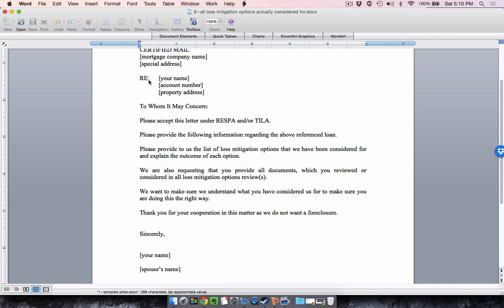Now the next letter, and people might look at this letter and the previous two and say, well, they seem pretty similar, but there's enough difference there to break these out. This says, give me a list of loss mitigation options I've been considered for. The first one that we talked about was all that are possible, then give me the proof about all that are possible.